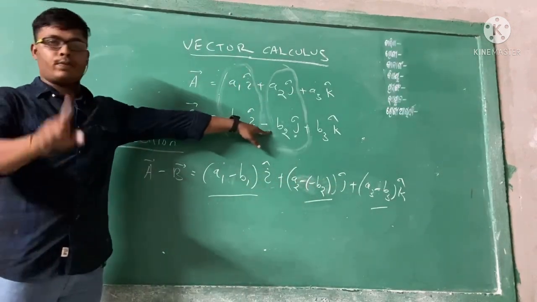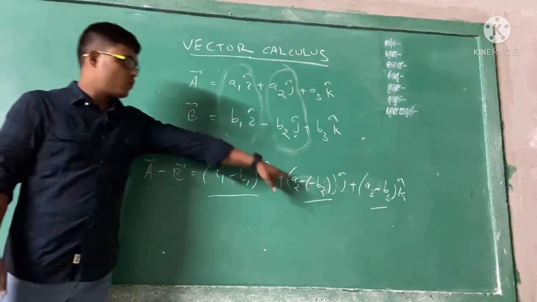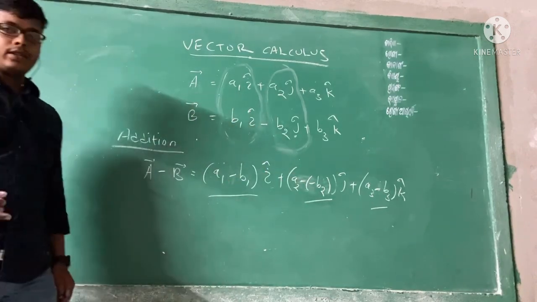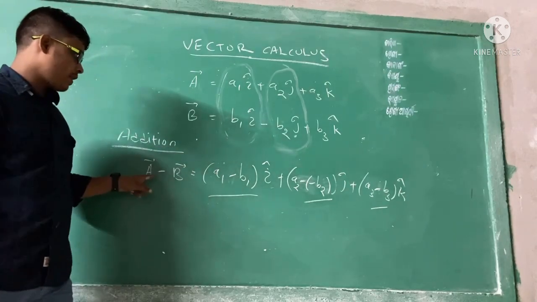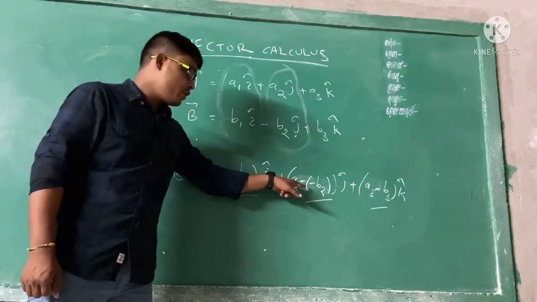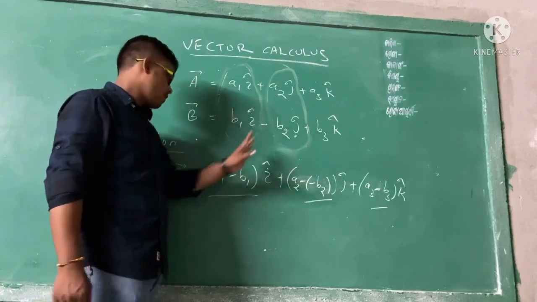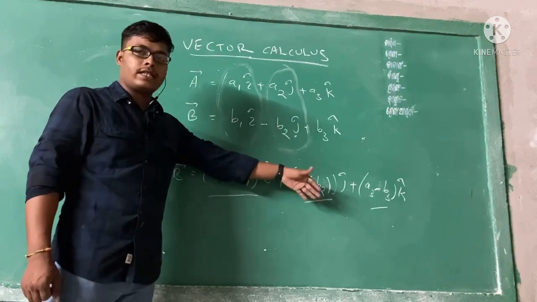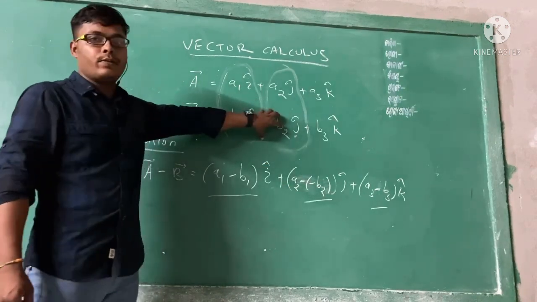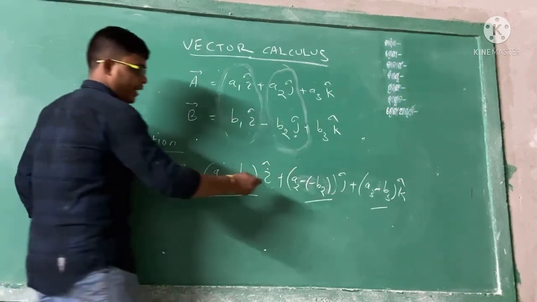So one minus sign is the a minus b, and the other minus sign is due to the minus b2. So when you are subtracting, a2 minus minus b2.